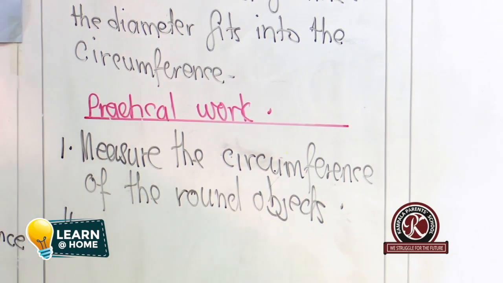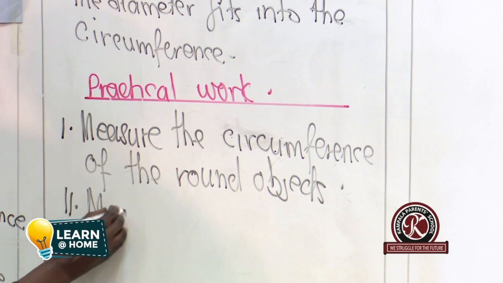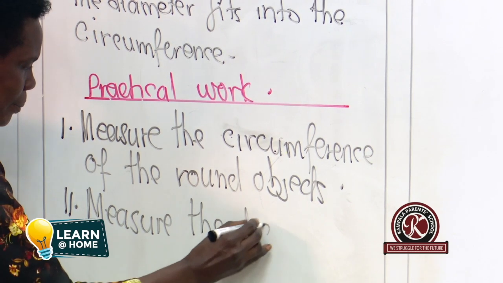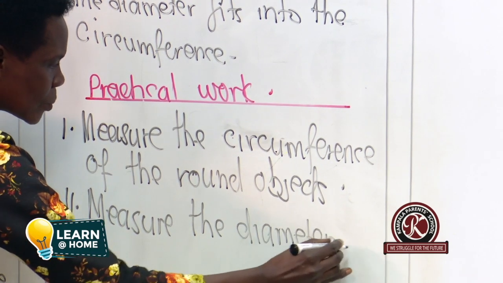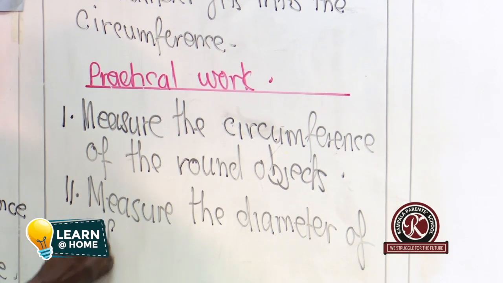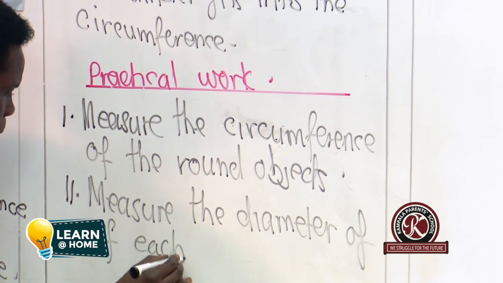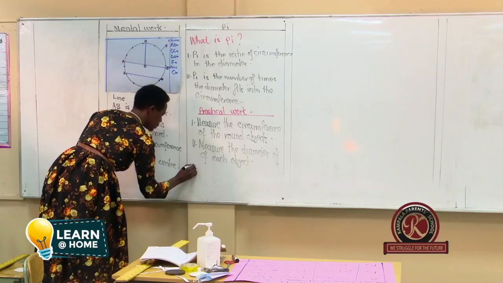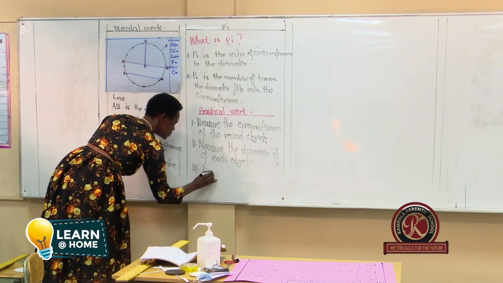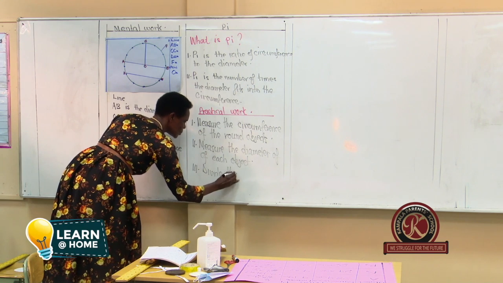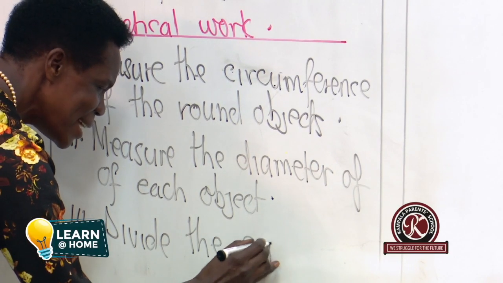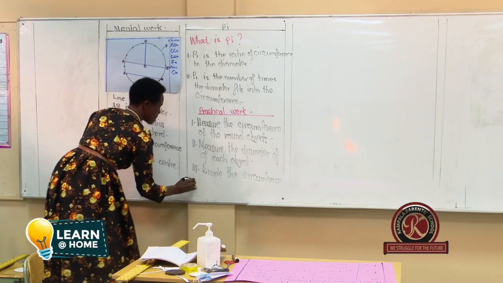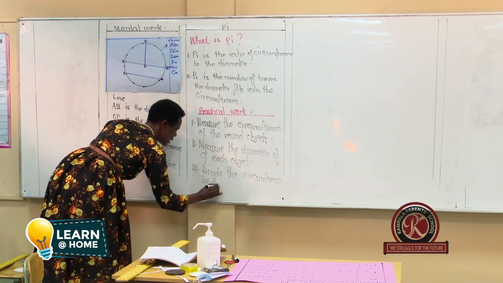Two, we move to measure the what? The diameter of each object. Then three, divide the circumference by the diameter.